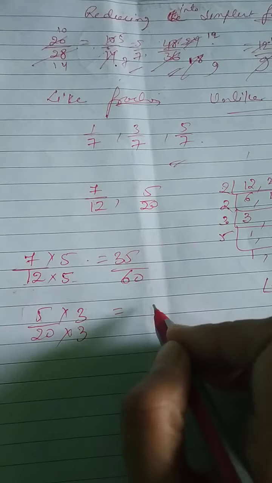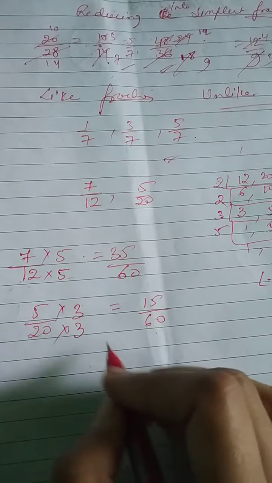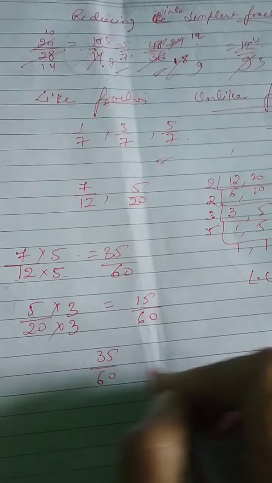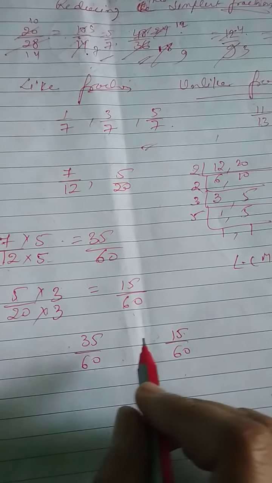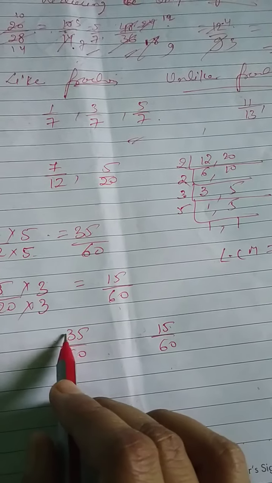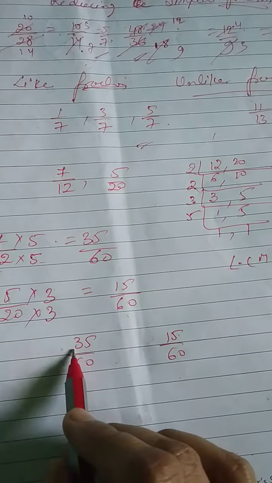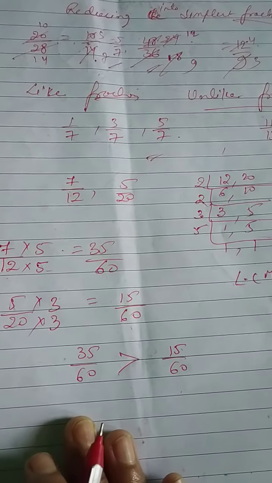So up and down both we will multiply with the same number. Now both the denominators are same. This is 15 by 60. This is 35 by 60. Which is greater now? Tell me. If the denominators are same, the number with the greater numerator will be the greater. So this will be greater.